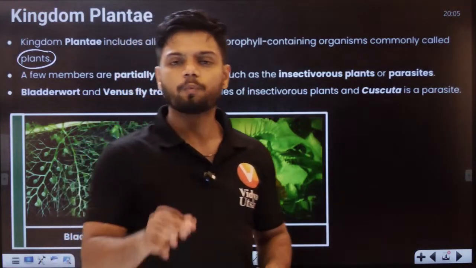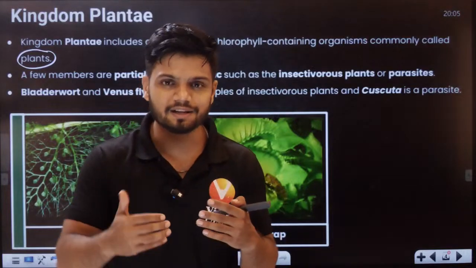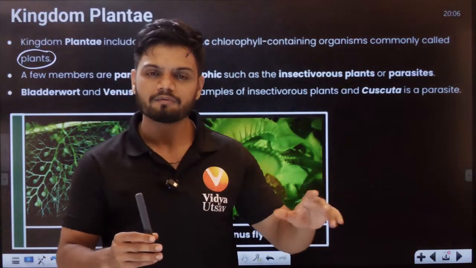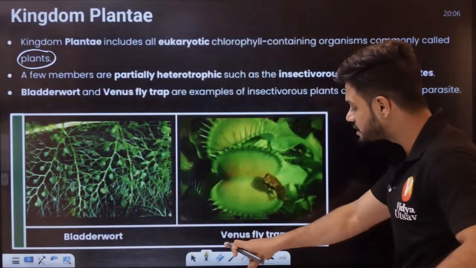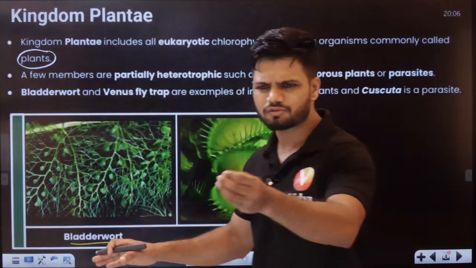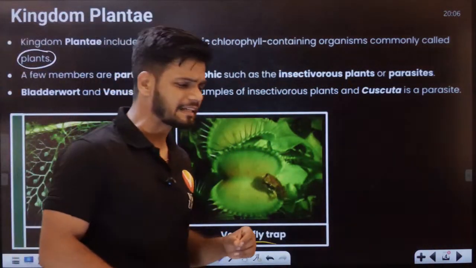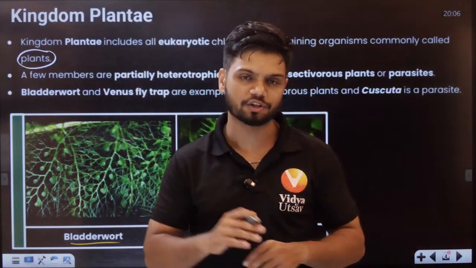So which are these plants? कौन से plants हैं जिसके अंदर chlorophyll होता है, and there are few plants where chlorophyll is not present. For example, students, there is something called Venus flytrap and bladderworts. These are two examples of insectivorous plants, or plants which are heterotrophic in nature.